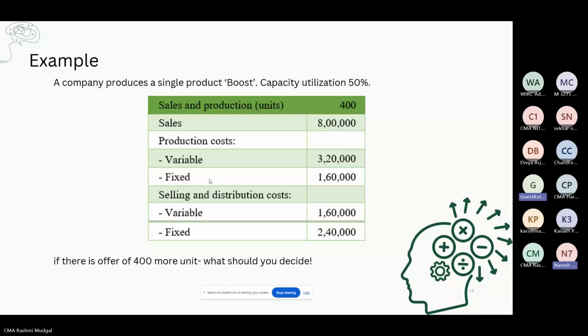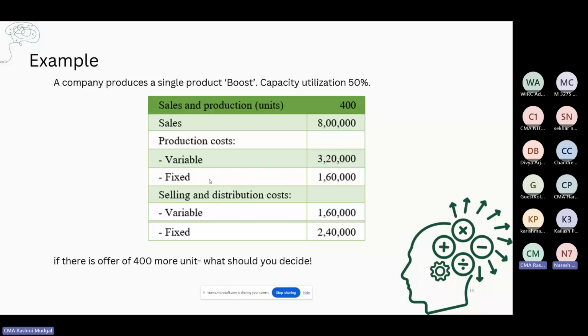Ma'am, if a question comes where, for example, the total capacity is 400 and the sales and all the figures are given at 40% utilization.